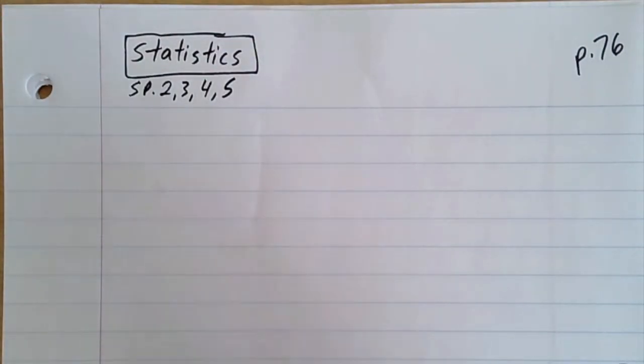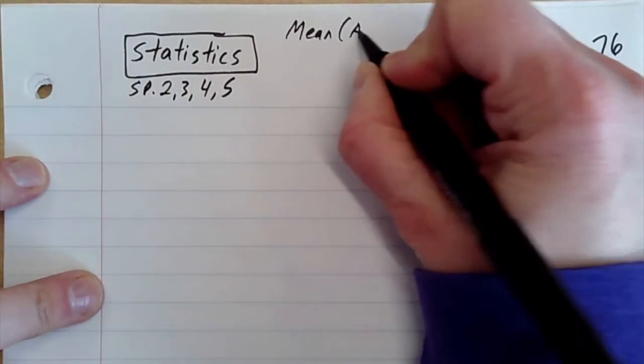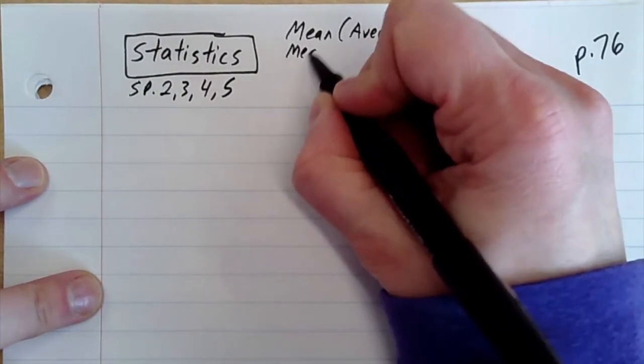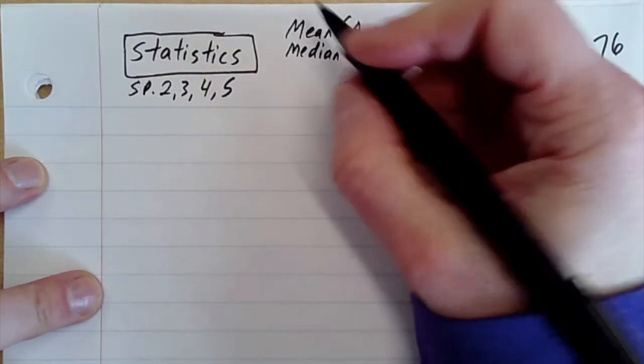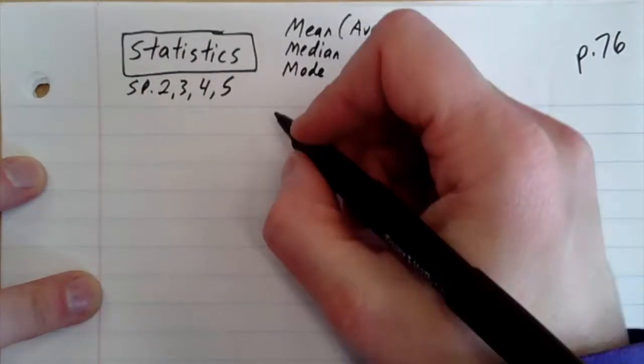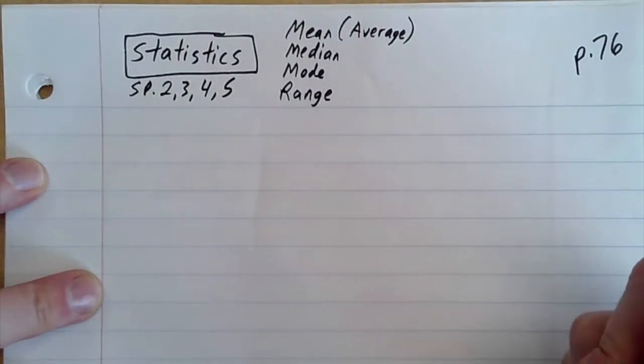The things we're going to work on are the mean, which we call our average. We'll talk about median, which is like middle. Mode is the most common. We will talk about range, which is how far our numbers range, biggest, smallest.